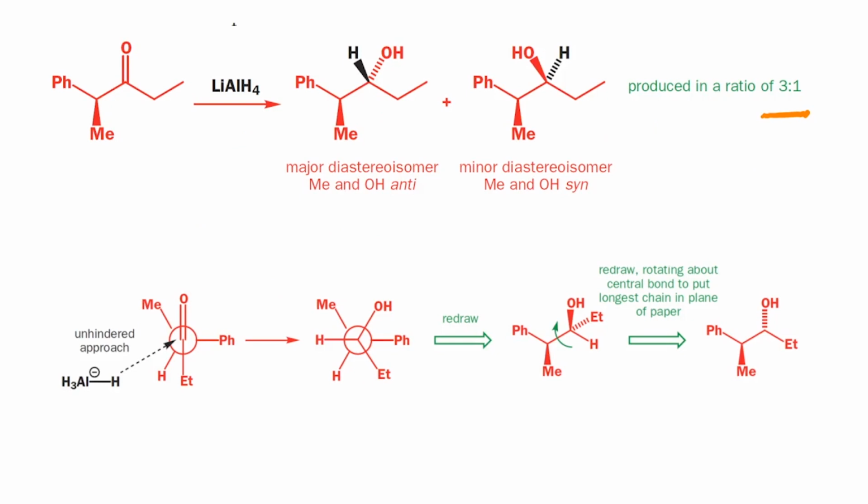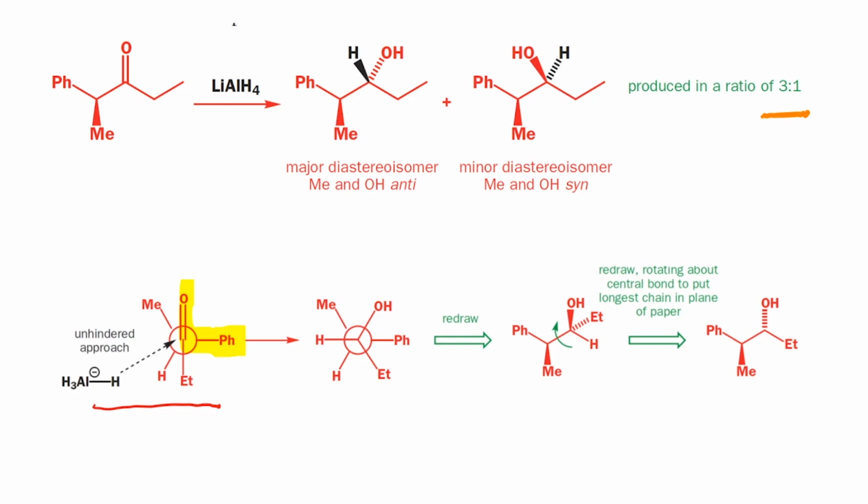Okay, so let's just now quickly recap. When we want to explain the formation of a product, in this case in the ratio of 3 to 1, we want to develop a model, and the model that we prefer to use is the Felkin-Anh model. The Felkin-Anh model has very important characteristics: the large group is going to be perpendicular to the carbonyl, and when you draw out this kind of conformation, you will find that there are two conformations and four possible modes of attack.